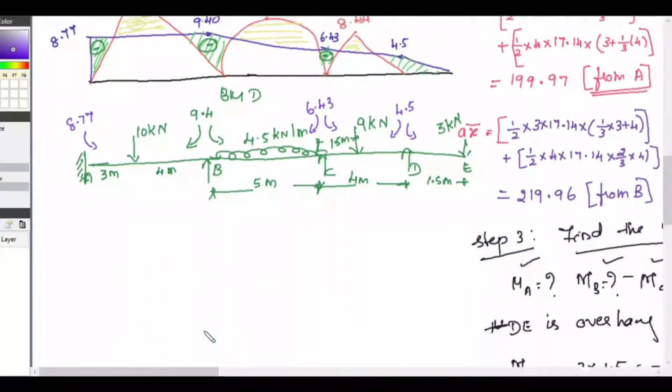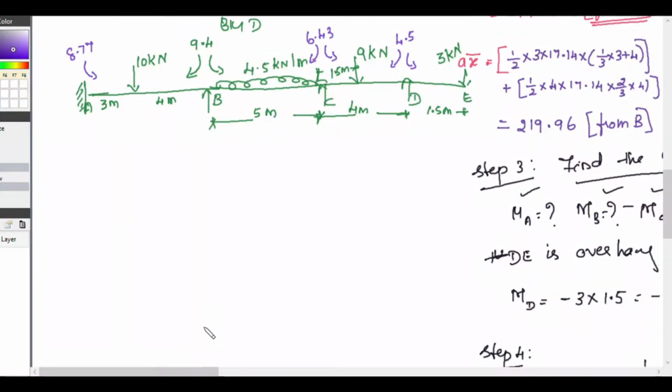Now, in order to find the shear force diagram, first of all we will take the moments. Taking the moments to the right of C, we are taking C as the section. We are taking all the moments to the right of C. So we get, first here we have 9, so minus 9 into 1.5.